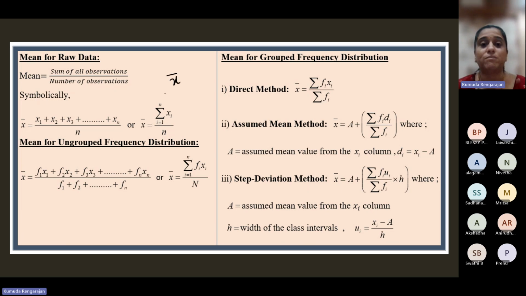This is how it's read, x bar. When we say find x bar, it means find mean. It's a symbolic way of writing mean.